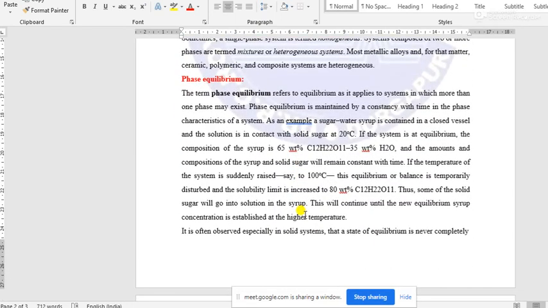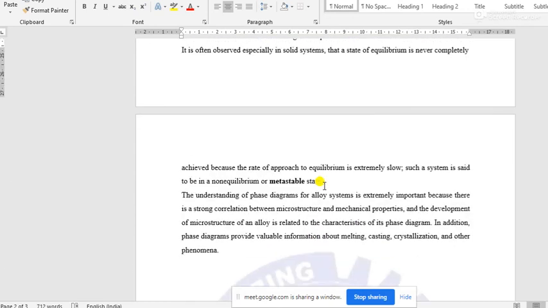If you raise the temperature to 100 or 80 degrees Celsius, you have given extra energy to the solution, and to bring the solution to equilibrium condition, that energy will be stabilized by taking more solute into the system. That is the thermodynamical concept behind the phase diagram.